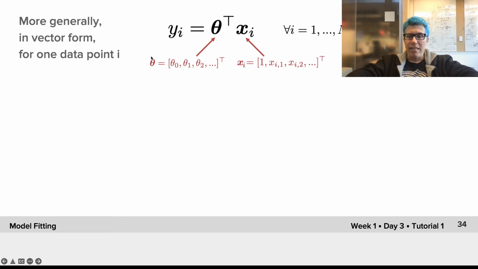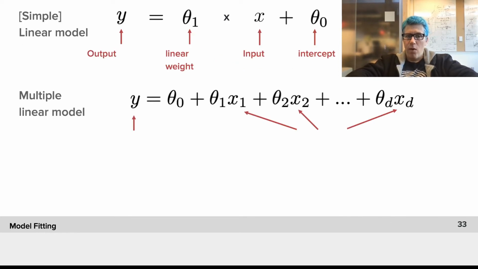In this case, we have theta, which is a vector that is transposed, and xi, which is another vector that contains 1 first, and then xi1, xi2, and so on and so forth. I want to remind you what's happening here. Here we have a baseline, theta 0.